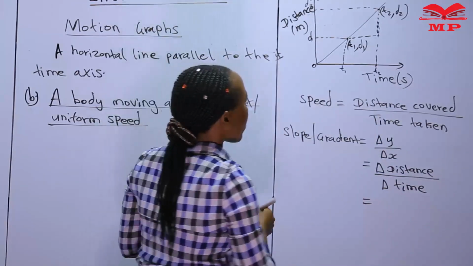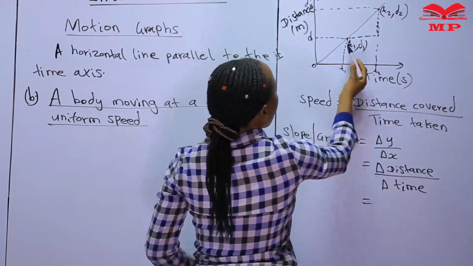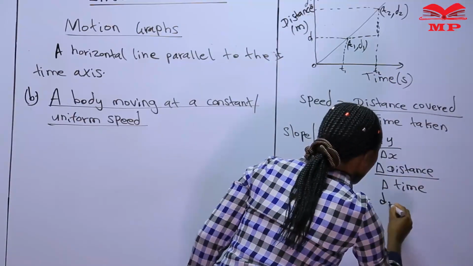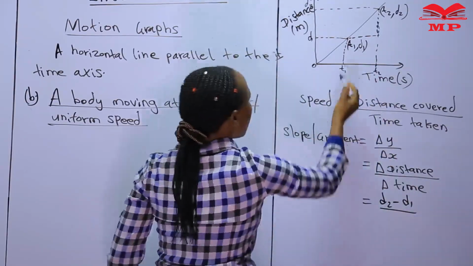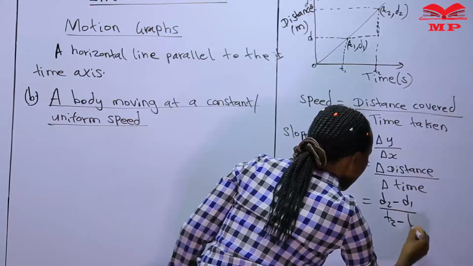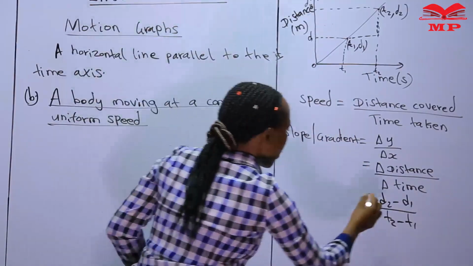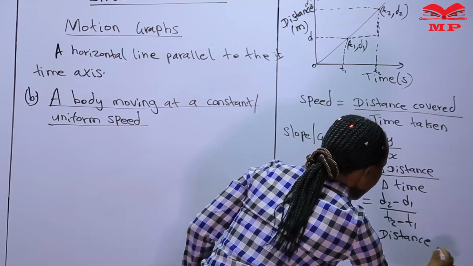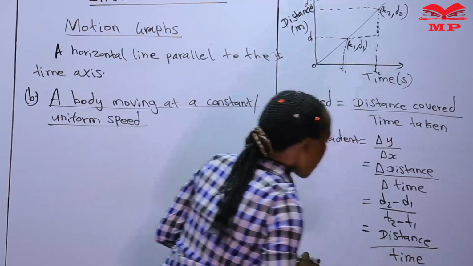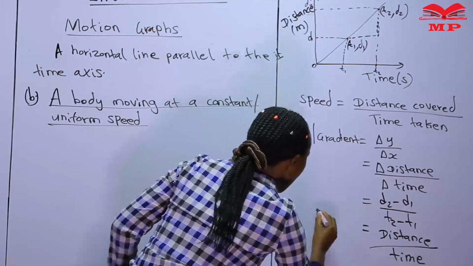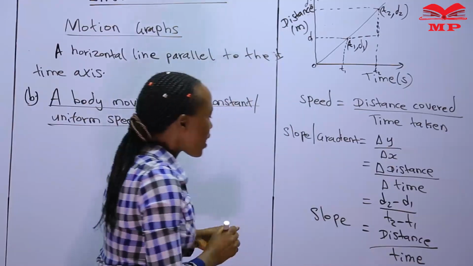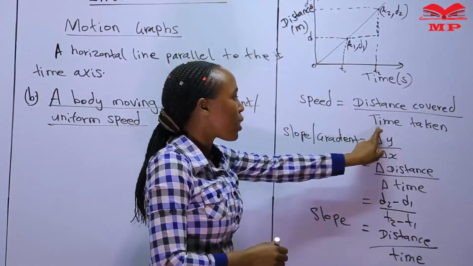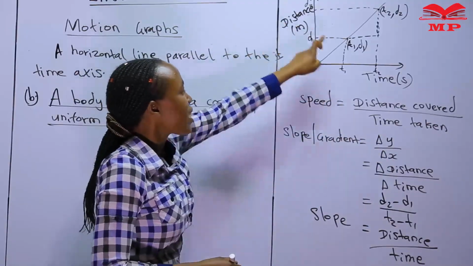So we have D2 minus D1, all over T2 minus T1. That is the distance divided by the time, which is what gives us the slope. And therefore, the slope is equal to the speed, because this is the distance over the time taken.